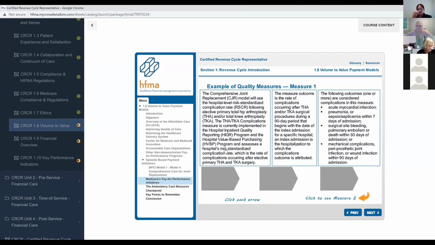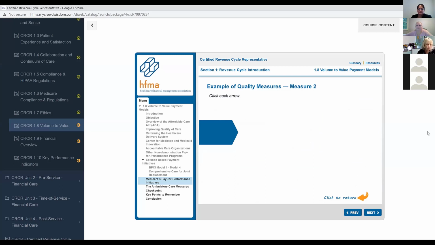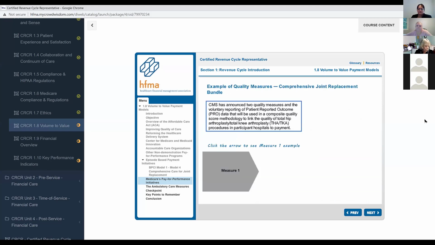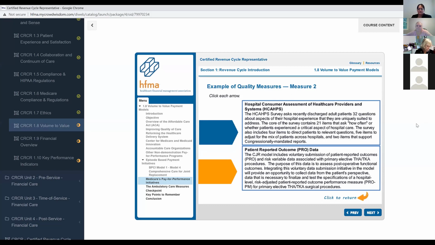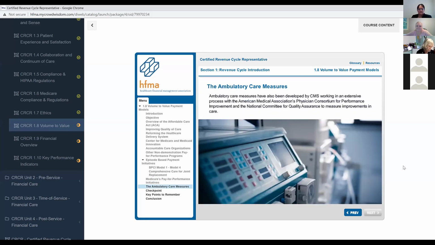And the other is patient-reported outcomes, which is a voluntary submission of reported outcomes and any risk variable data associated with that particular case or episode of care. And right now they are in development or have developed ambulatory care measures. The National Committee of Quality Assurance to measure improvements in care.